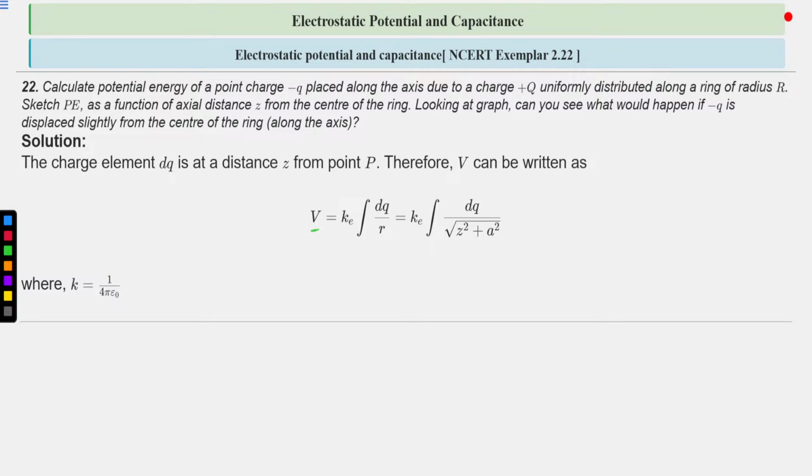We want to find the potential at point P due to the whole ring; we are finding it just for a small element now, then we are integrating it. Here R is the distance of the element from point P, which is the square root of Z square plus A square, where A is the radius of the ring and K is 1 by 4 pi epsilon naught.